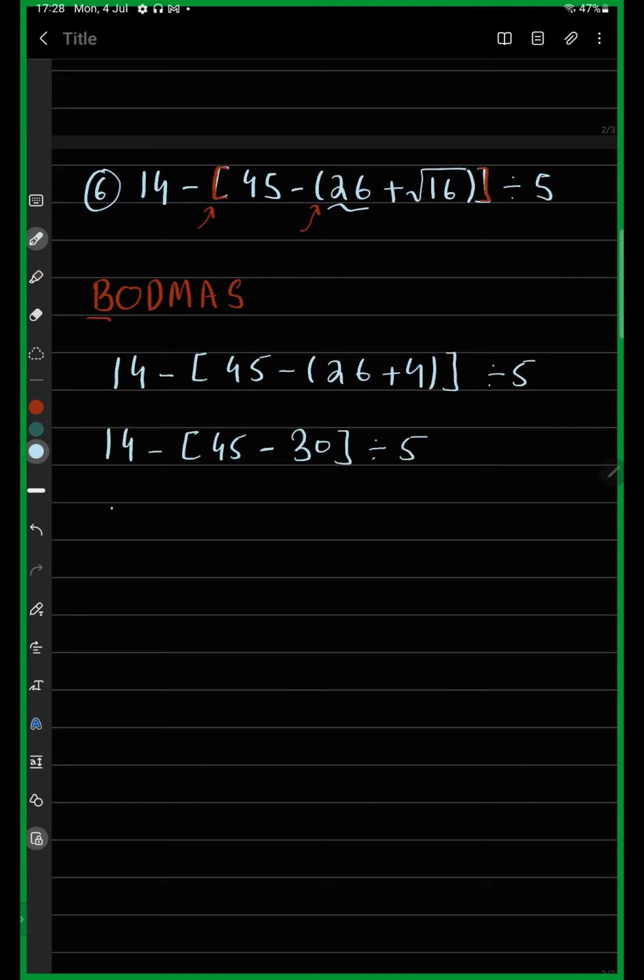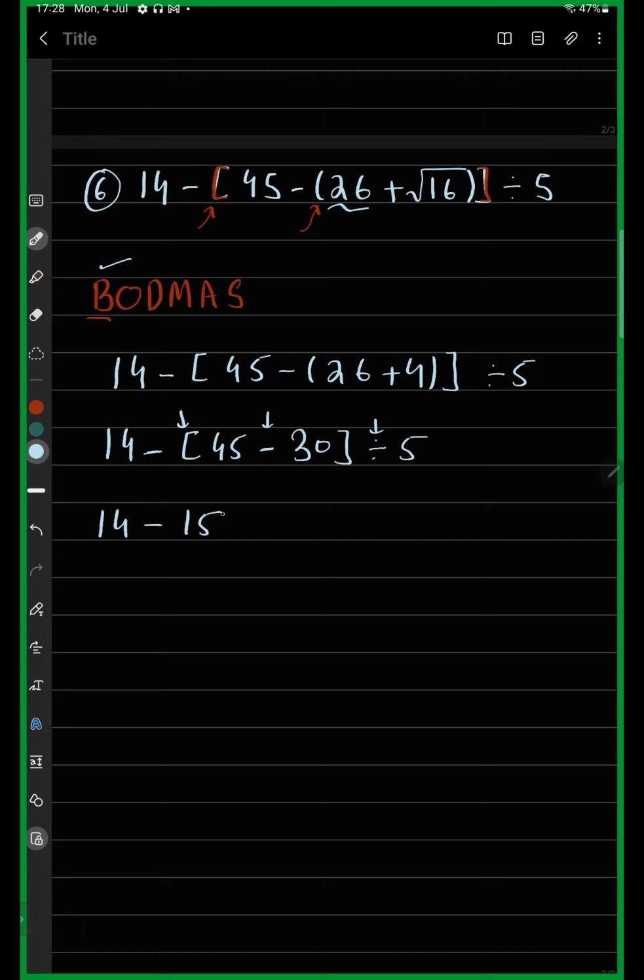Then we have 14 minus. Now again, at this point, I have subtraction, then I have brackets, then I have subtraction, then I have division. So I need to solve brackets first, okay? So it would give me 14 minus, then what do we have inside those brackets? 45 minus 30.